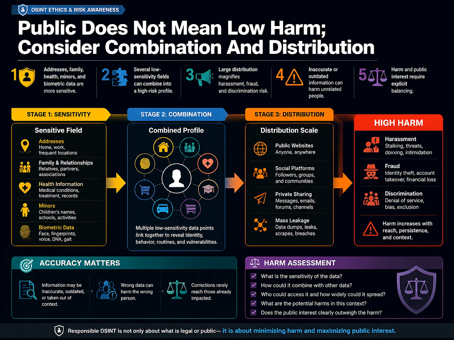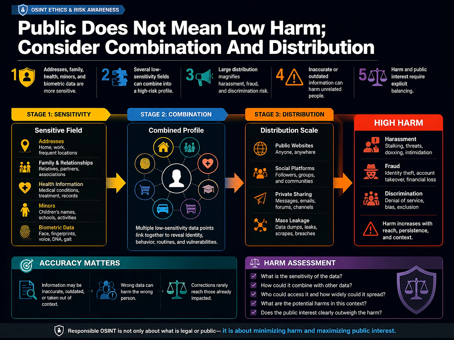Public information can still cause serious harm. A company switchboard and a private mobile number should not be treated alike. Home location, health information, children's data, and biometrics need stronger controls. Several ordinary fields can also combine to reveal a workplace or routine.